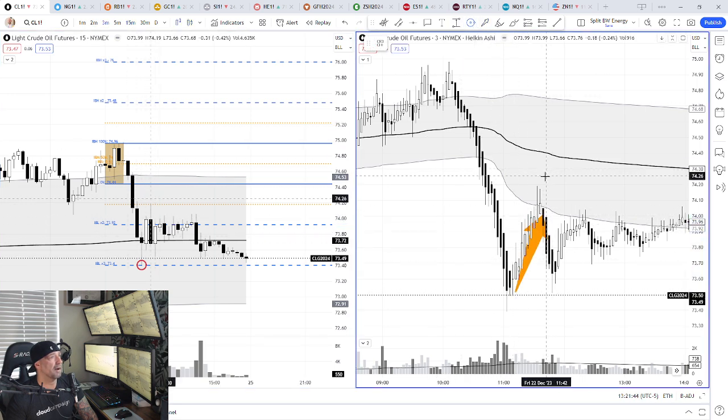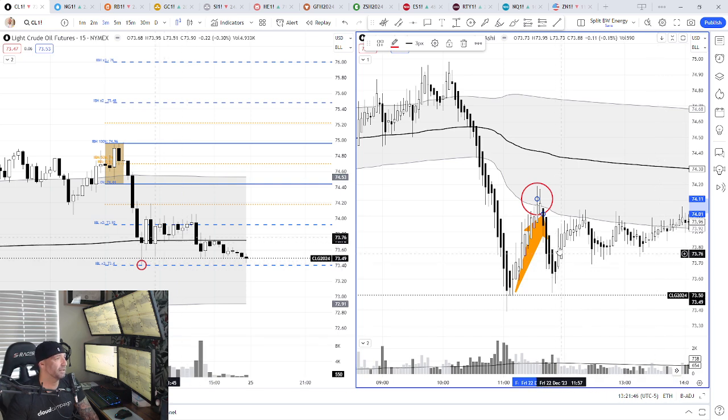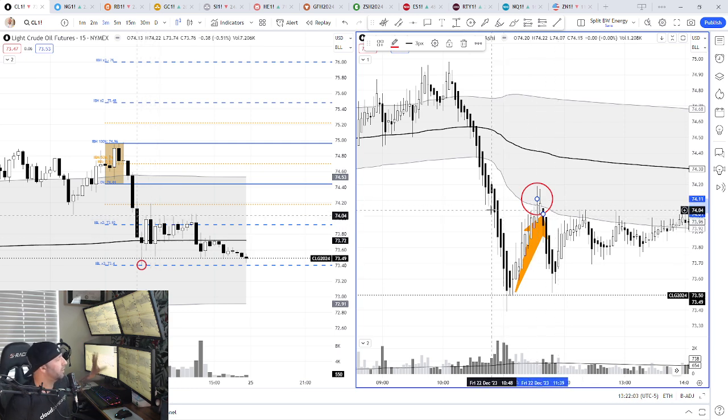A nice area to take profit, if you could have held this, was value area low on the session. Love this trade. I'm using Heikin-Ashi only on this 3-minute. I don't use it on any other chart, this is just to help me identify the trends a little better. I'm not executing on Heikin-Ashi, so that's all separate.